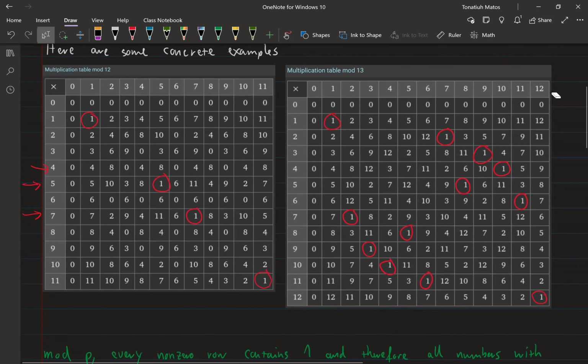The point is that whenever you fix a row, this is mod a prime number. You fix a row and you want to multiply the entire row together. The key insight that Fermat came up with is that it doesn't matter which row you're on, you're always multiplying the same numbers together, which is all of them, right? Again, this is just 1, 2, 3, 4, 5, and so on.